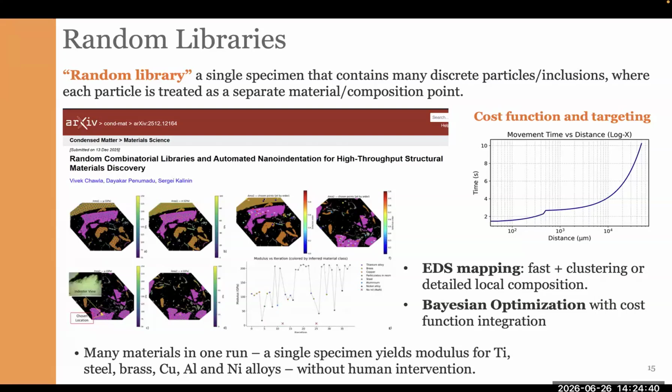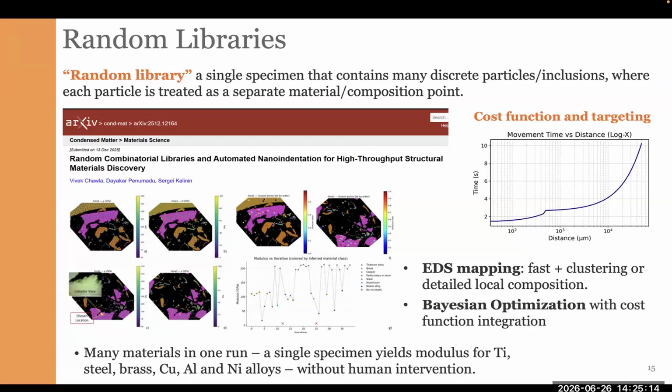The first one is you make a fast EDS mapping, and in this case you get a high error for compositional estimation, but you still may complement this fast EDS mapping by clustering just to distinguish different types of the particle and make, let's say, a precise or more time-consuming compositional estimation only at the particles or for compositions that are of interest for you.